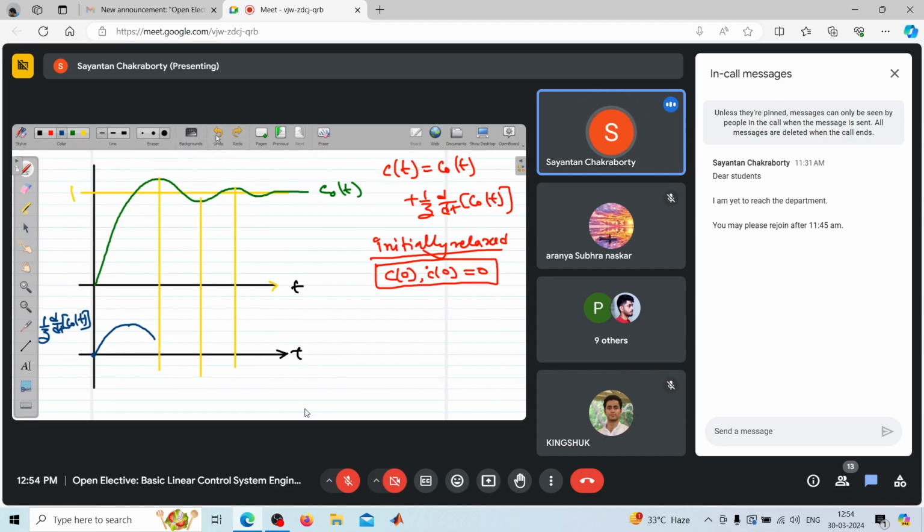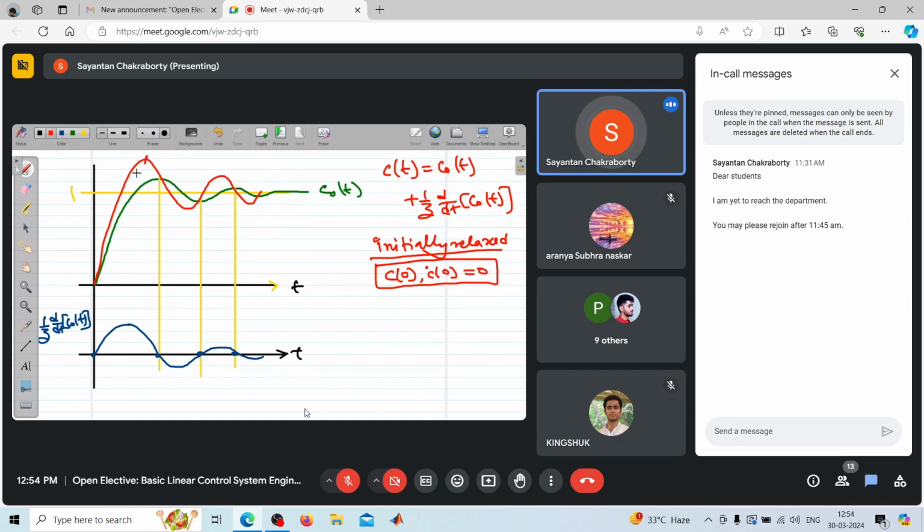It increases and goes something like this. So these points are all related to 0. Finally, if we add these two, then the response that you will be getting will be something like this. So what will happen?